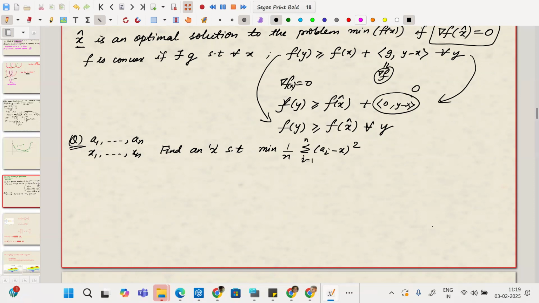Now what should be this candidate? Anyone, ideas? What value of x will optimize this function? For what x?